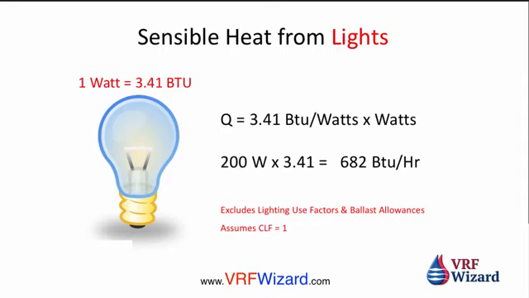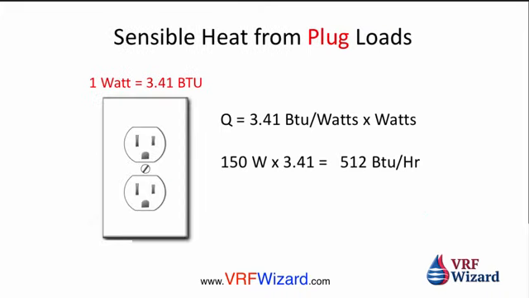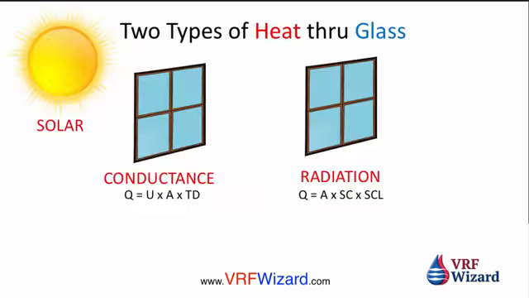So basically we just want to know how many watts of lights are burning, and then convert that into BTUs so that we can size our system and figure out the CFM. Same with plug load. We're just going to use a straight out wattage usage factor and multiply it by 3.41 BTUs to come up with the total BTUs.